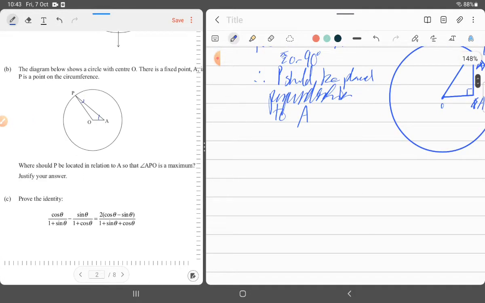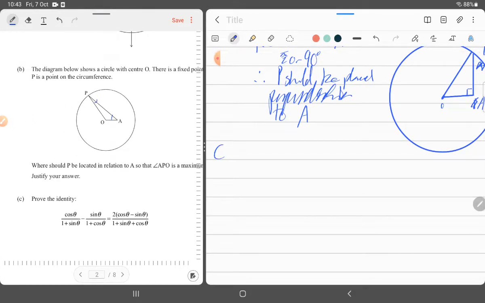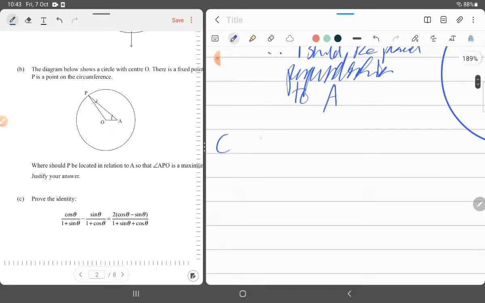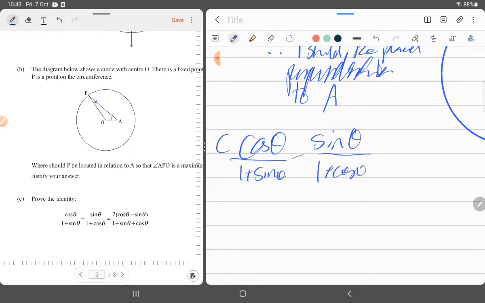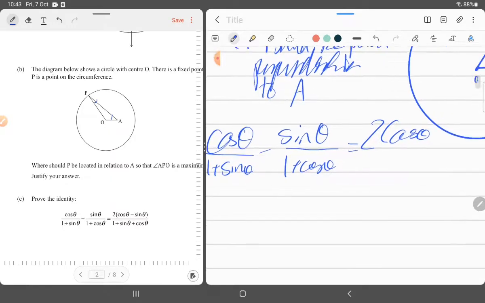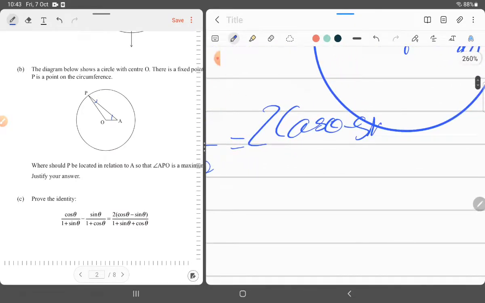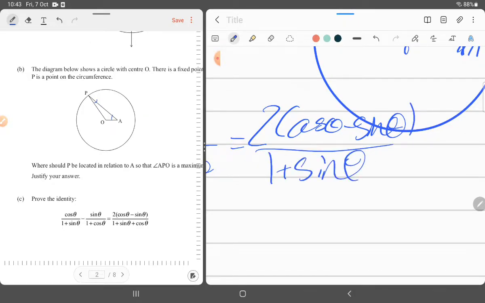Then question 1C. Prove the identity: cosine theta over 1 plus sine theta, take away sine theta over 1 plus cosine theta, is equal to 2 times cosine theta minus sine theta, all over 1 plus sine theta plus cosine theta.